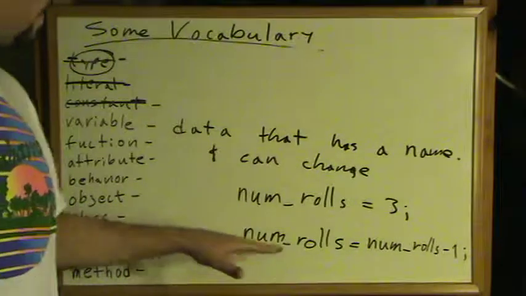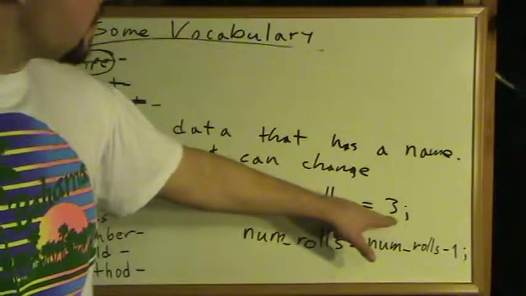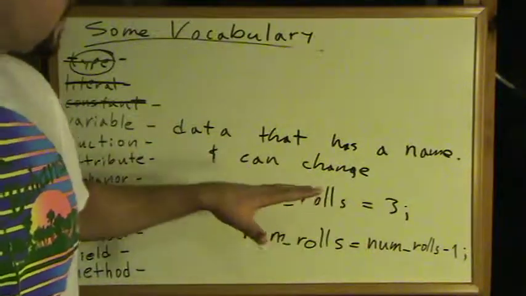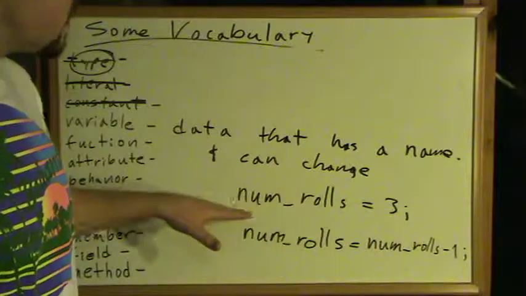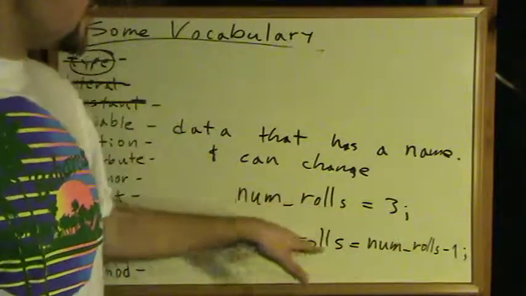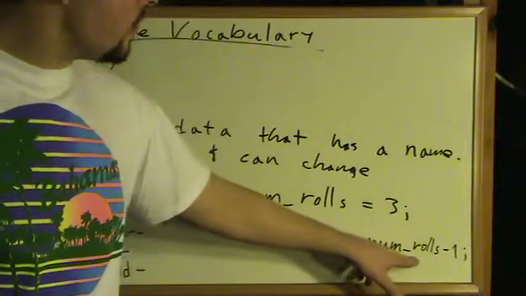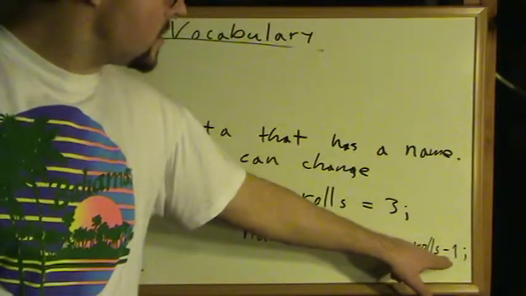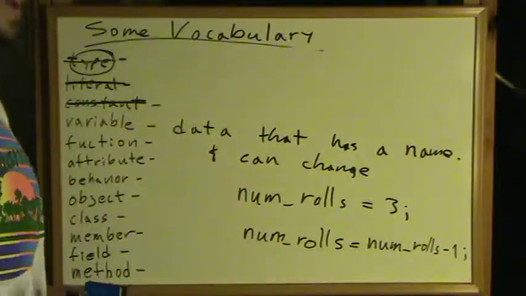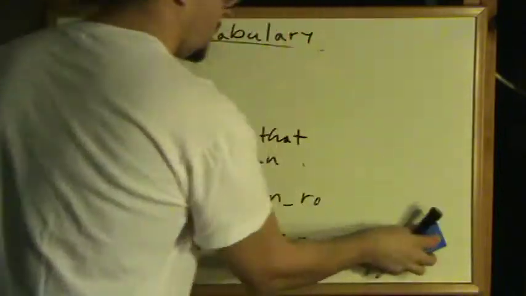So we have stored the number 3, the data 3, in this variable that we have called numRolls, and we can then change that data. The program knows, oh, numRolls was a 3, we subtract 1 so we get a 2, now I'll stick that back into this variable. Okay? So it's data that has a name and can change.